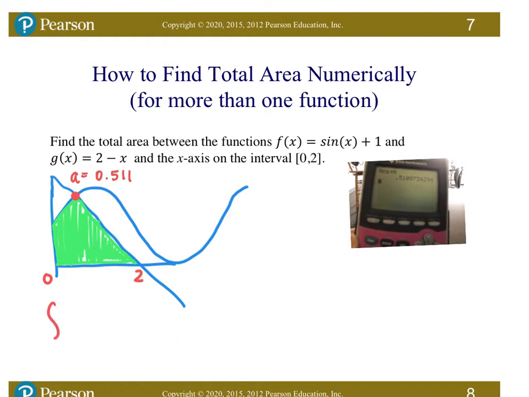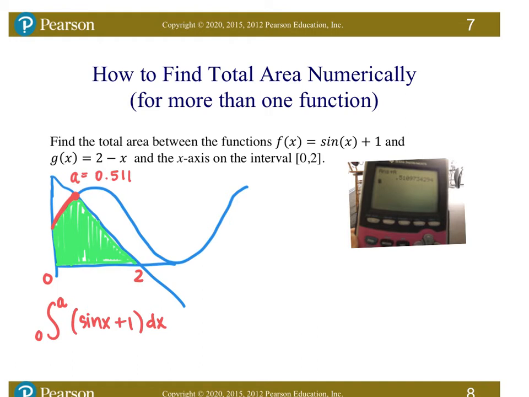We are going to partition from 0 to A, and 0 to A is following the curve of the sine function, so the integral of sine of x plus 1 dx.